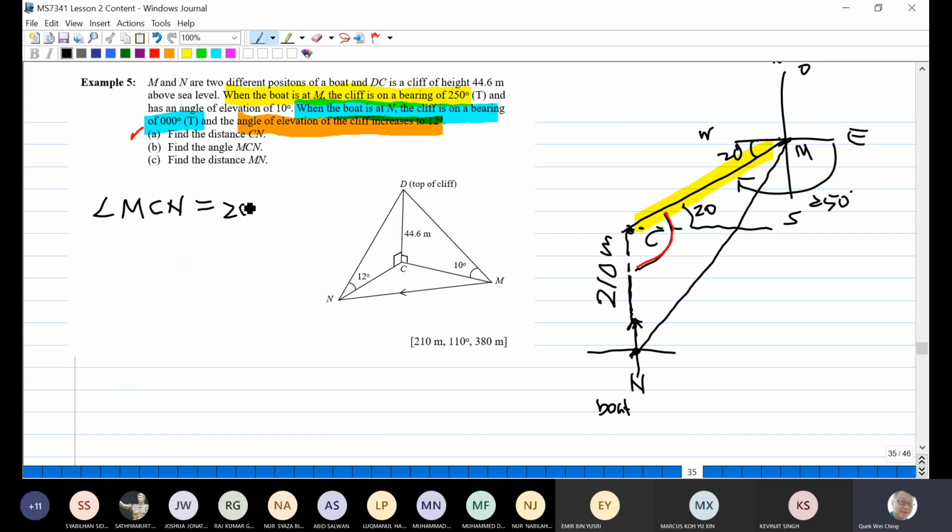So 20 from the yellow portion here, and then plus 90.